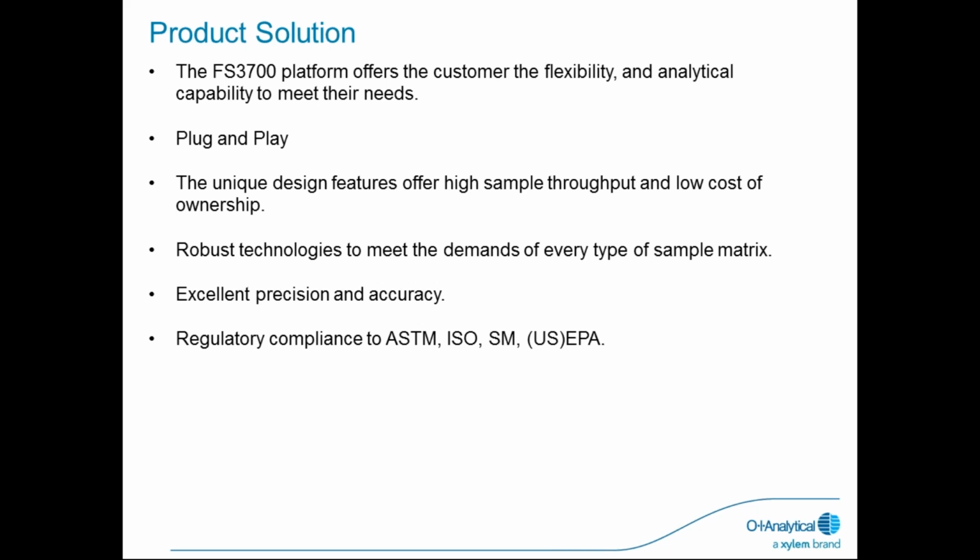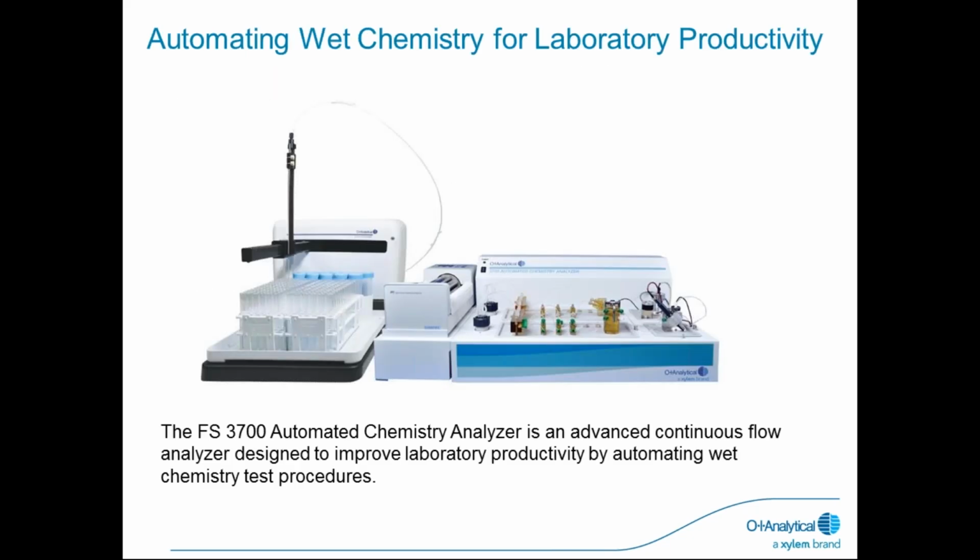It's got excellent precision and accuracy, and we follow regulatory compliance to ASTM, ISO, standard methods, and also the US EPA. So with automating wet chemistry, the FS3700 is an advanced continuous flow analyzer designed to improve laboratory productivity by automating wet chemistry test procedures.